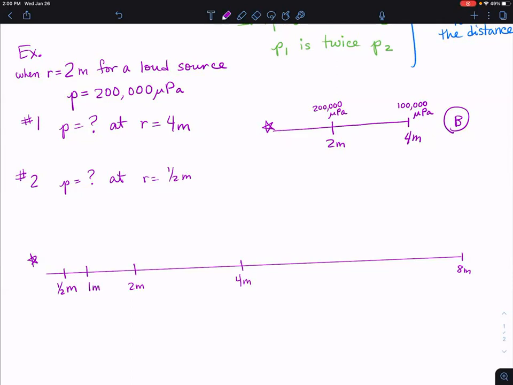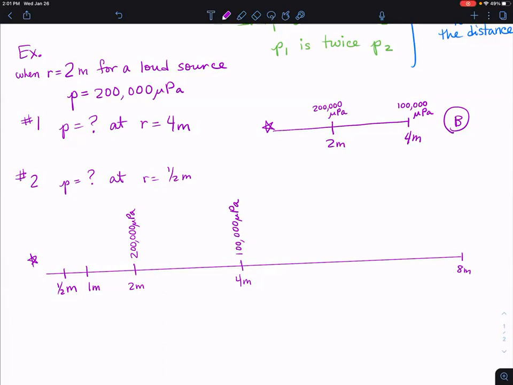Okay, so we've been told for this case that here at 2 meters, we have 200,000 micropascals. And we just found in number 1 that at 4 meters, it would be 100,000 micropascals. That's from question number 1. So now we're coming closer, so it has to be getting larger.